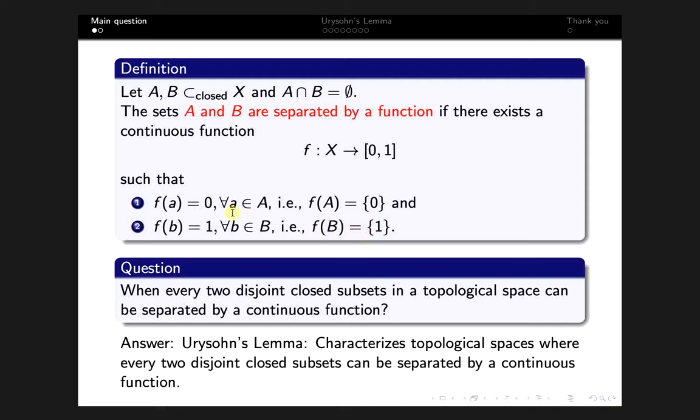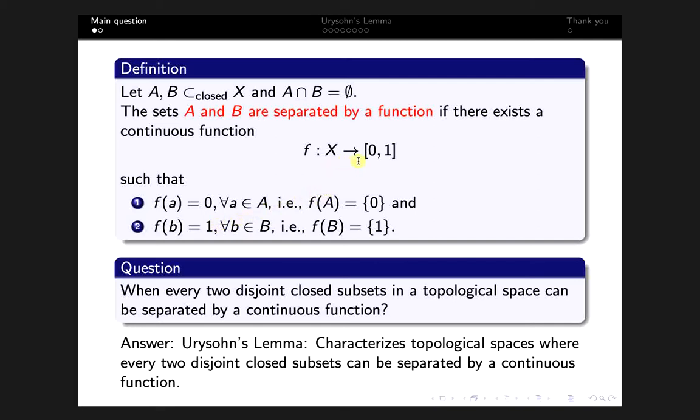That is, for every a in the closed set A, f(a) equals 0, and f(b) equals 1 for every b in the closed set B. So this is the separation of closed sets by a continuous function. On A it is constant, so the restriction of f to A is the constant function 0, and the restriction of f to the closed set B is the constant function 1.